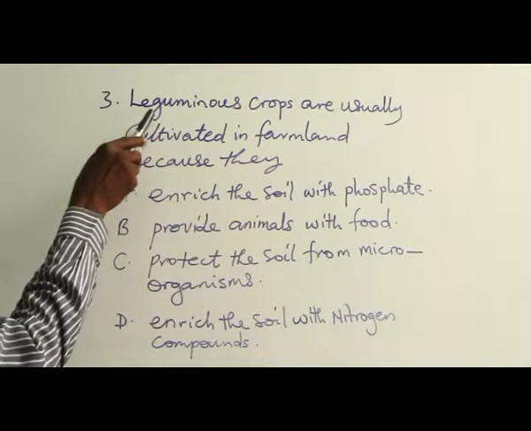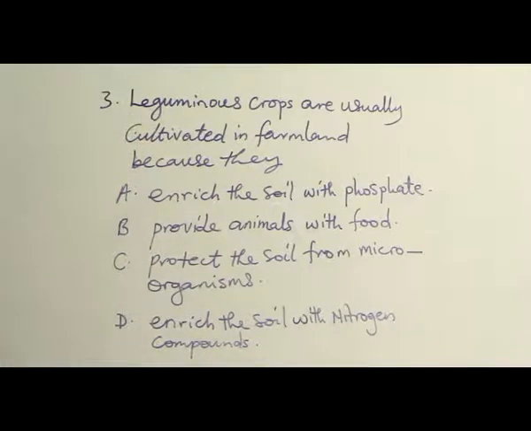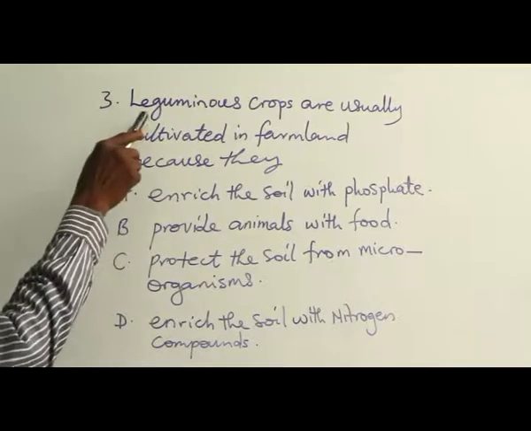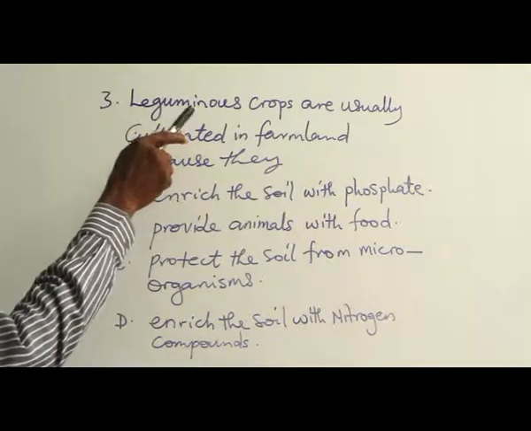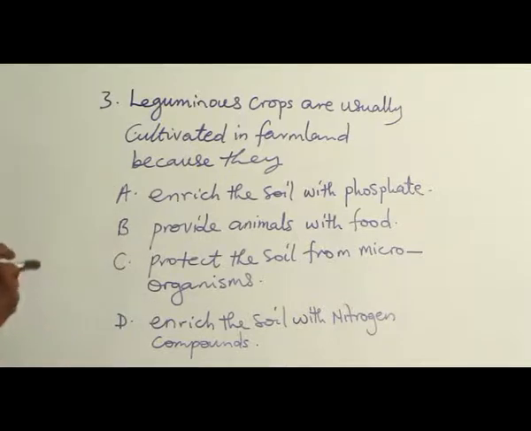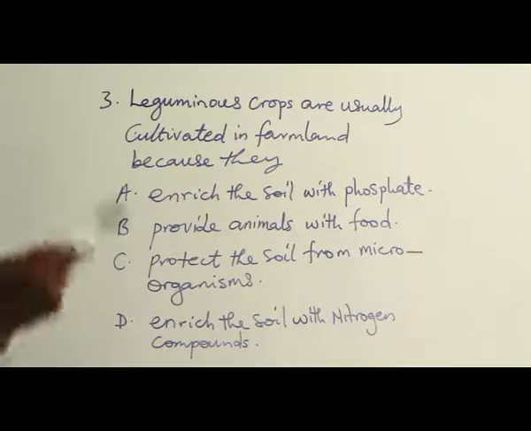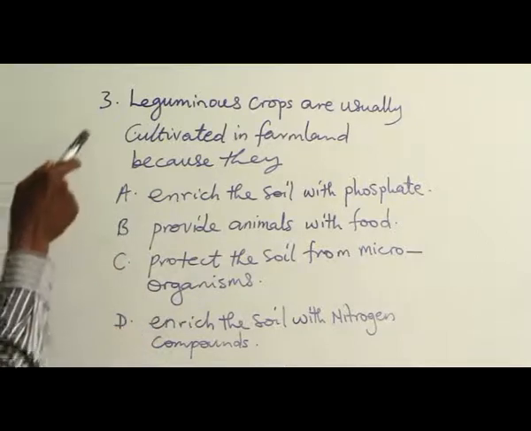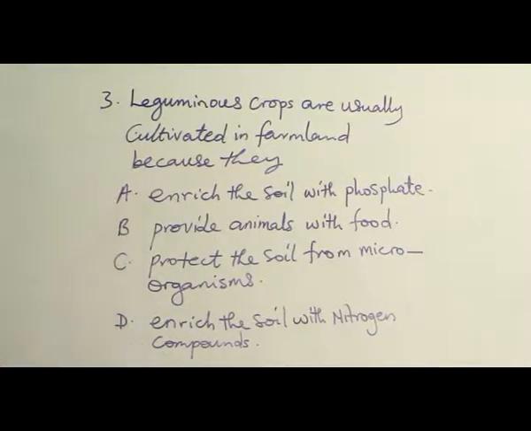We are talking about legumes. If you cast your mind back, leguminous crops have root nodules where nitrogen-fixing bacteria are accommodated and carry out protein synthesis. From there, the nitrogen cycle continues to produce nitrate in the soil.